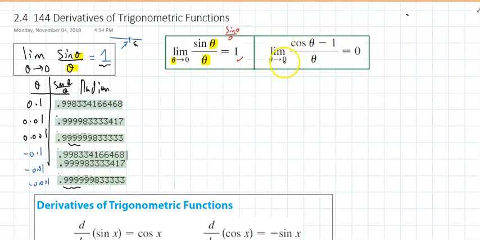And if I take the limit as theta approaches 0, again, a 0 in the denominator, and the cosine of 0 minus 1, that's a 0. Right? So keep in mind, if I put a 0 there, I'll get 1 minus 1, which is 0 over 0. That's always the case. And here, I'm getting 0 over 0 as well. Something I should remember.